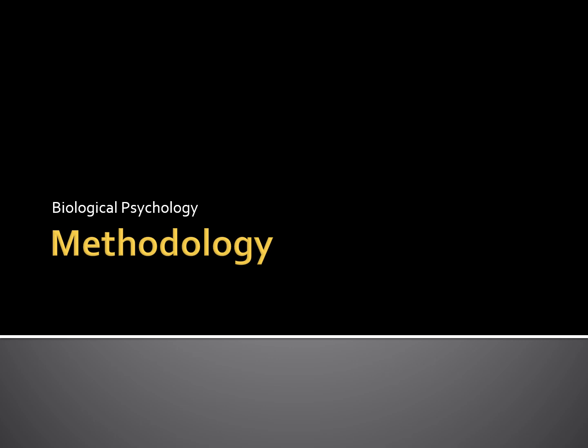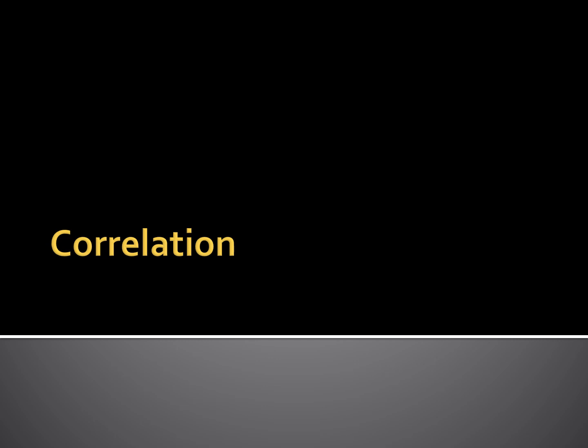Okay, so this lesson is going to have a look at more methodology within the biological psychology section. We're going to focus in this lesson on the role of correlations. Now, this is not only a process in psychological research, but it is quite important to understand the differences between correlational research, which can in fact draw on other methods.